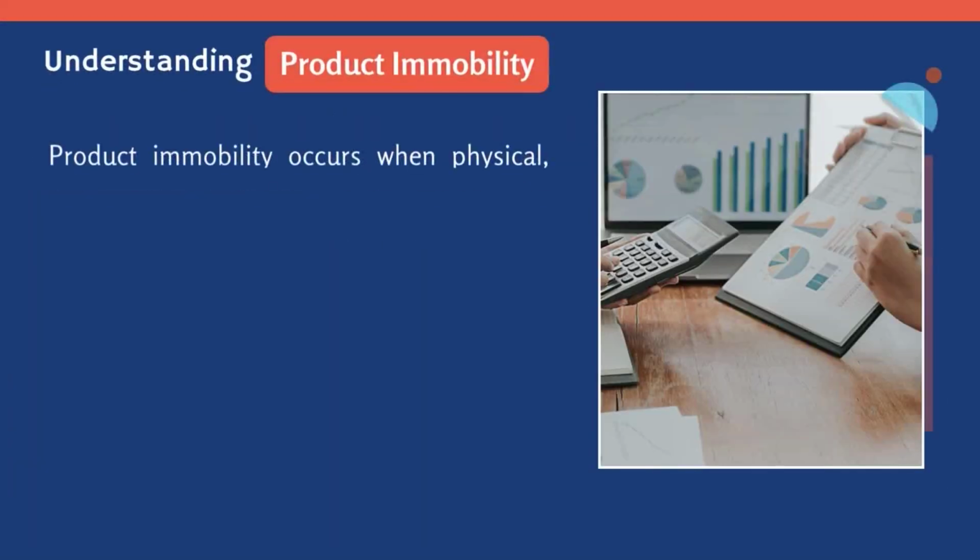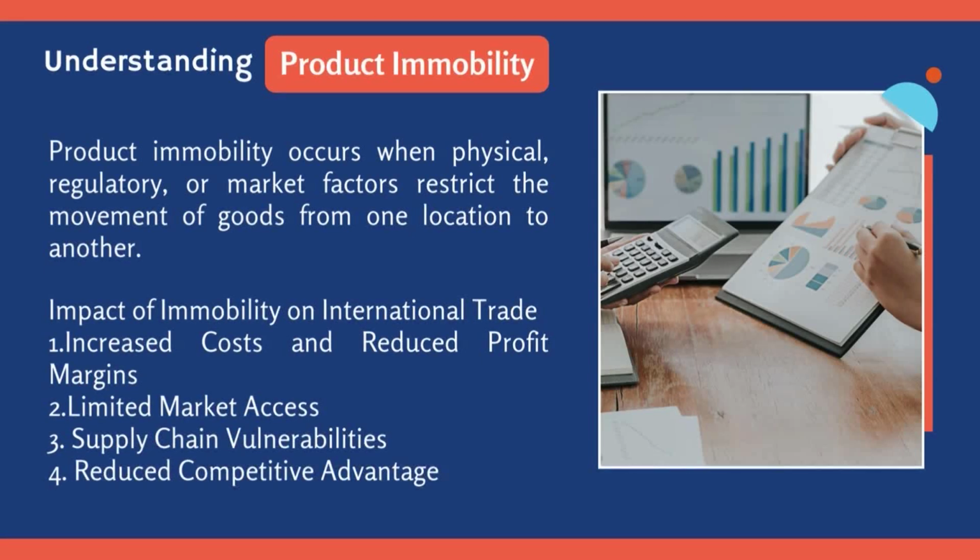Another important feature of international trade, which is very prevalent, is the immobility of products. Although products are comparatively mobile in international trade as compared to factors of production, in spite of that, lots of restrictions are there on the mobility of products from one country to another.